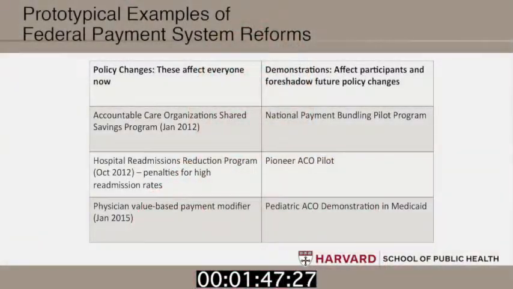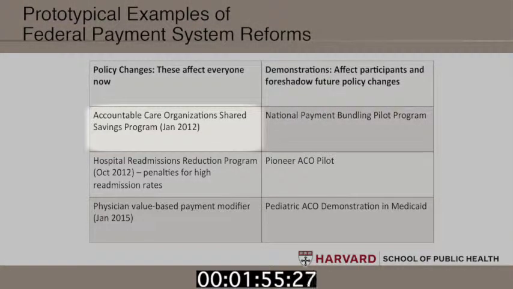In terms of policy that will affect the way, and currently is affecting the way, Medicare pays providers across the board without the need to study it, there are some programs that include some of the global payment ideas in the experiments, as well, a shared savings program for accountable care organizations that I'll say a bit more about.